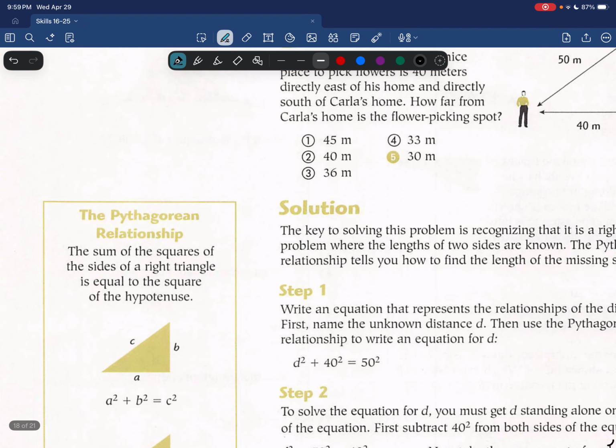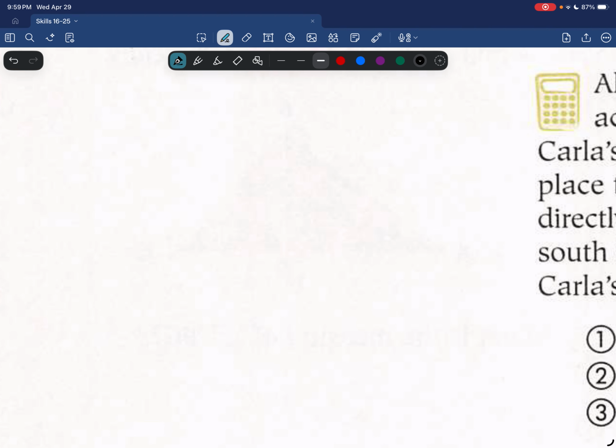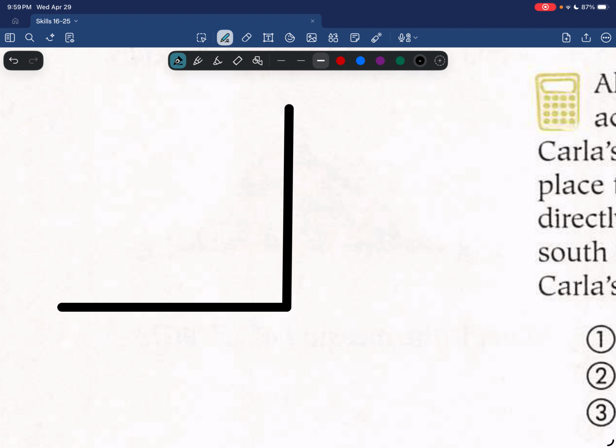Before we get to that, let's take a minute and think about this. You already know this, let's just put it together here. You know that a right angle looks like this. It makes a perfect corner. Okay, that is a right angle.